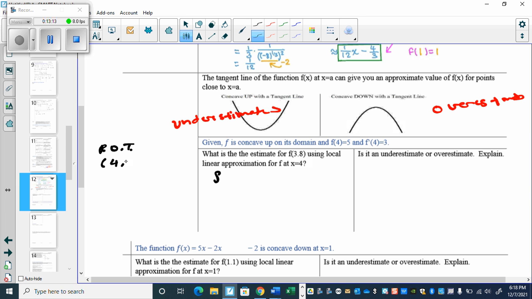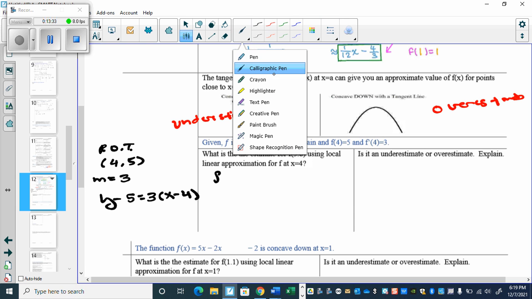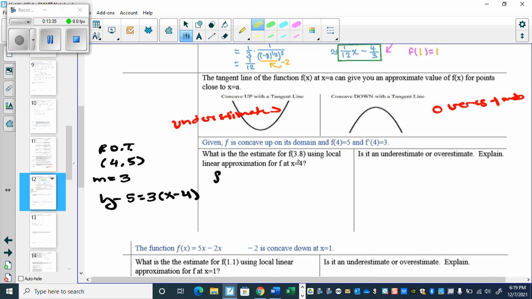First, they tell me what the point of tangency is: 4, 5. They tell me the slope, so I can write an equation: y minus 5 equals 3 times x minus 4. Now I want to approximate a y value for the point at 3.8.